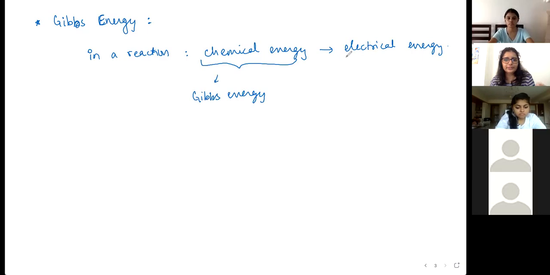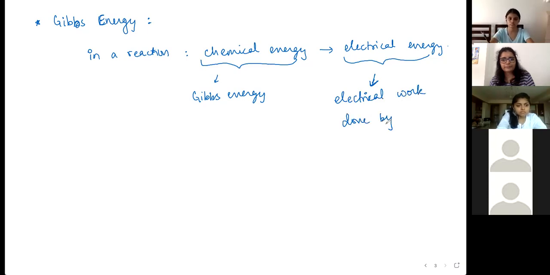And why are we producing electrical energy? Due to the movement of electrons, and then that does work for us, right? So we can interpret it as the electrical work done by the cell. Whatever energy changes are happening when the reaction takes place is being converted into electrical energy.